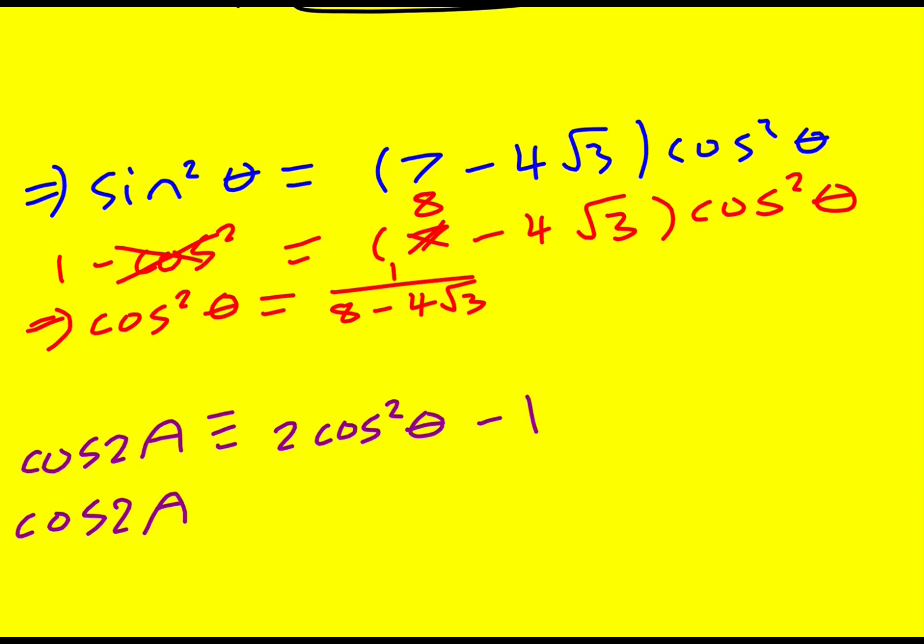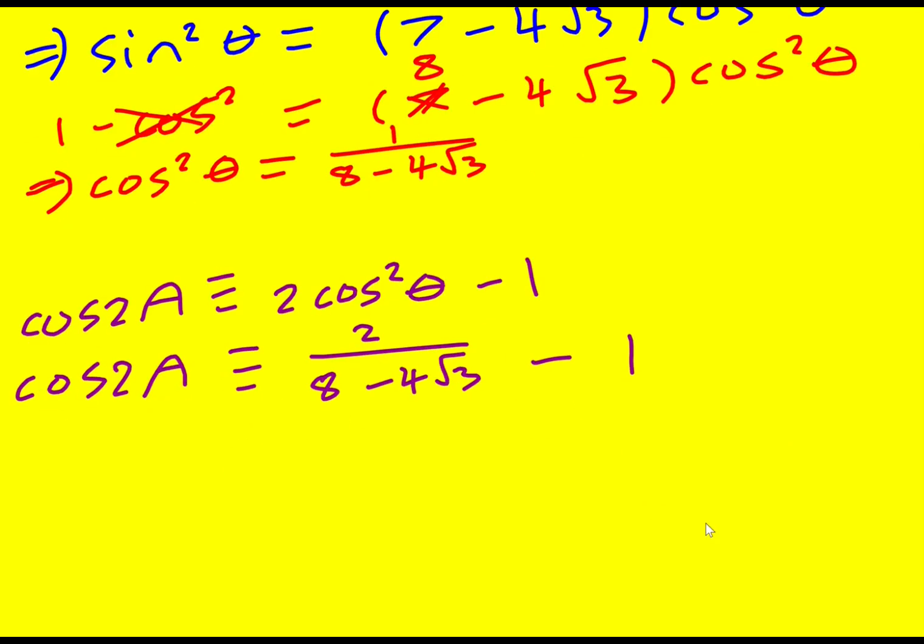So cos 2a is going to equal 2 over 8 minus 4 root 3 minus 1. I can change that minus 1 to 8 minus 4. Actually, I'm not going to do that yet. I'm going to minus the 1. Right, this actually will simplify. So I can divide through by 2.